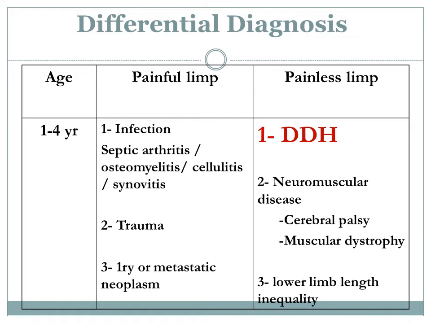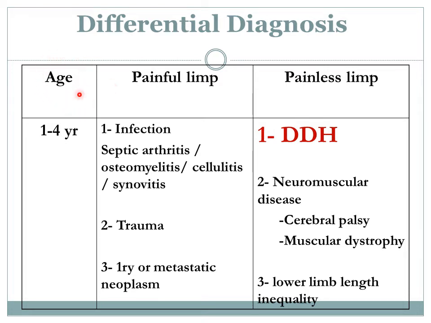Now it's very important to take a look at the different etiologies of limping in children, and we have two major factors that we can rely on in understanding these different etiologies.